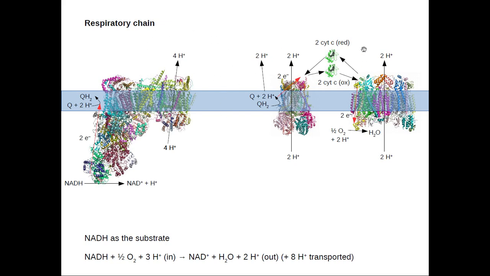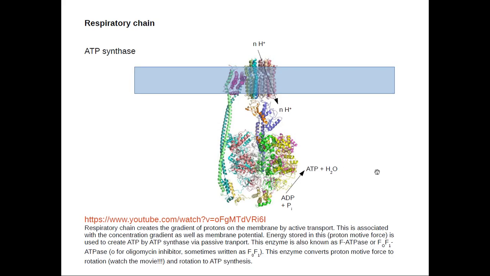So at the end there is an excess of plus charged particles, protons, on one side and a lack of plus charged particles on the other side. So this also forms an electric potential. So this is the second component of the proton motive force. And this is used as a driving force for synthesis of ATP from ADP and inorganic phosphate.